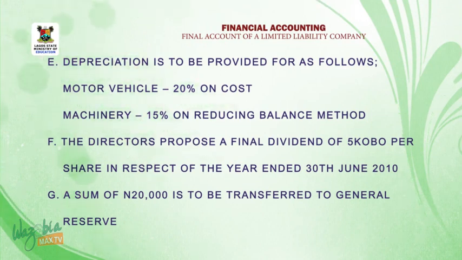Machinery, 15% on reducing balance. F. The directors propose a final dividend of 5 kobo per share in respect of the year ended 30th of June 2010. G. A sum of 20,000 is to be transferred to General Reserve account.